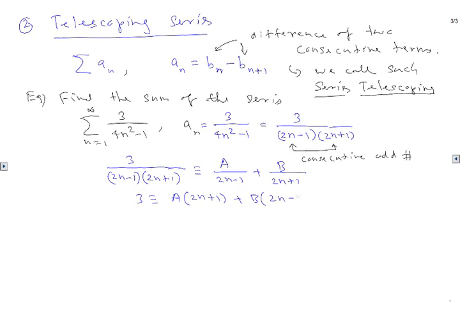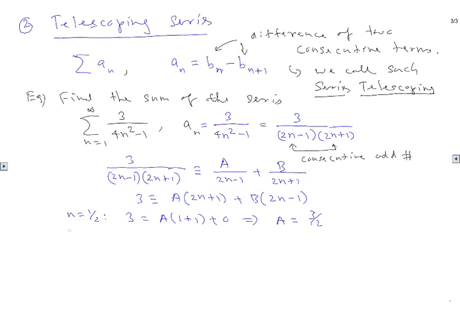It's not that bad. So I'm going to plug in. What you want to do is make the term on the right side 0. That means you're going to plug in n equals 1/2. Once you plug in n equals 1/2, that makes the term in the parenthesis 0. So that's how we pick this. So you can say 3 equals A times, you plug in 1/2, this gets 1 plus 1 plus 0. So this is going to give you A equals 3/2.